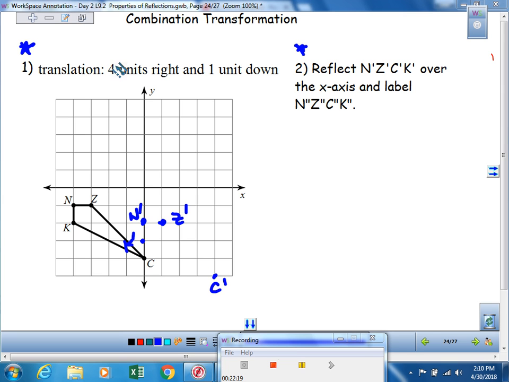Okay, so this is the first figure. That's a translation. It just slid over and down, right?